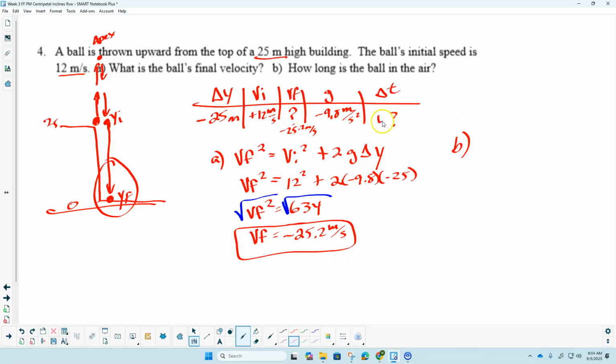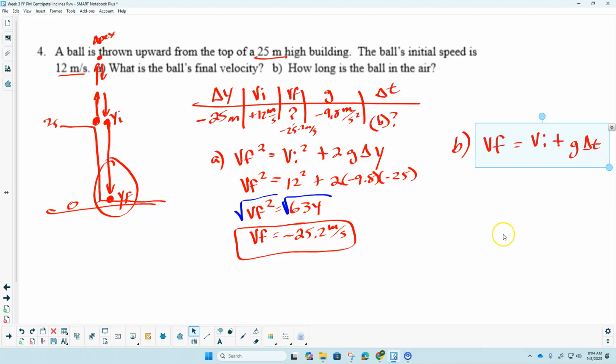We're going to look for time in part B. So the easiest one that I think to use with time is this one. And VF is -25.2, VI was 12, and then we have -9.8 delta T. Again, be careful with your math. Make sure you subtract 12 from both sides.